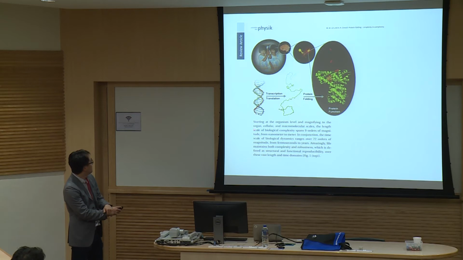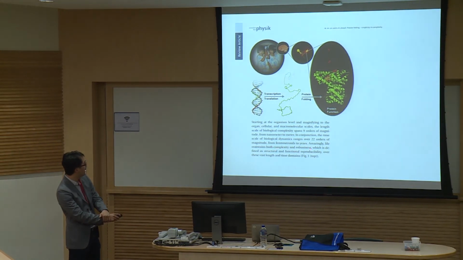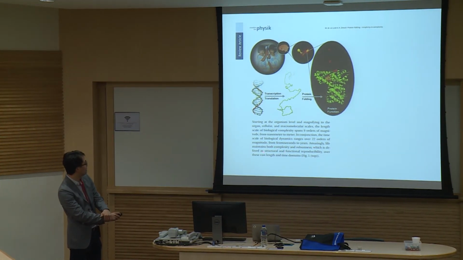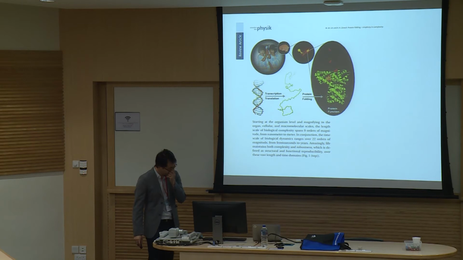Starting at the organism level and magnifying to the organ, cellular, and macromolecular scales, the length scale of biological complexity spans 9 orders of magnitude. In conjunction, the time scale of biological dynamics ranges over 22 orders of magnitude. But life maintains both complexity and robustness, which is defined as structural and functional reproducibility over these vast length and time scales. So that's amazing.